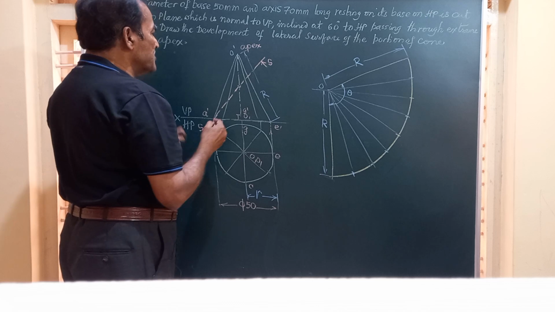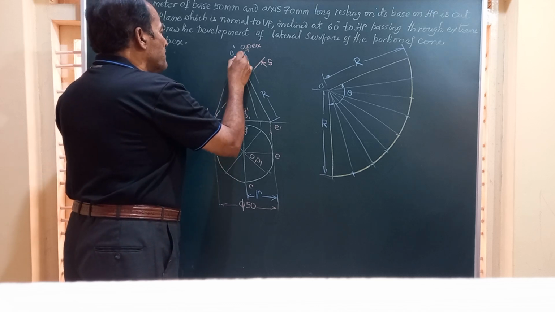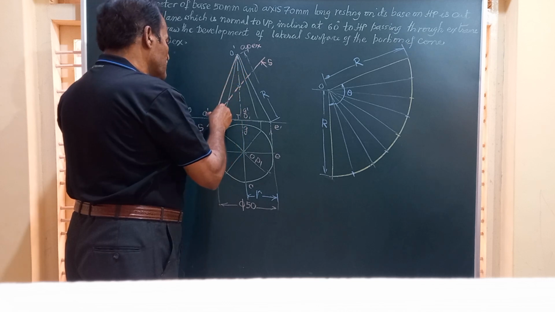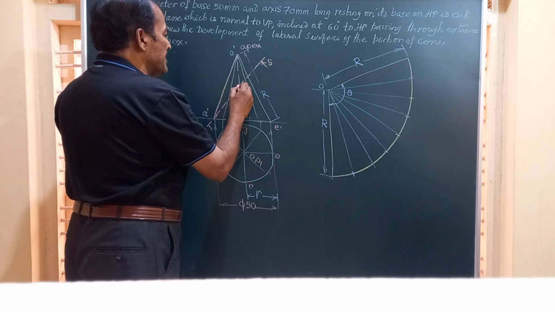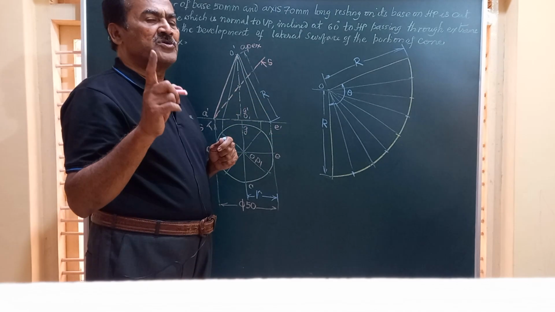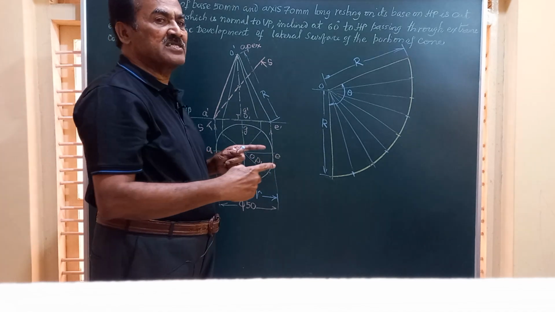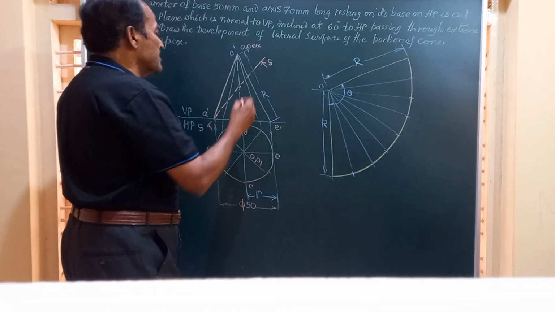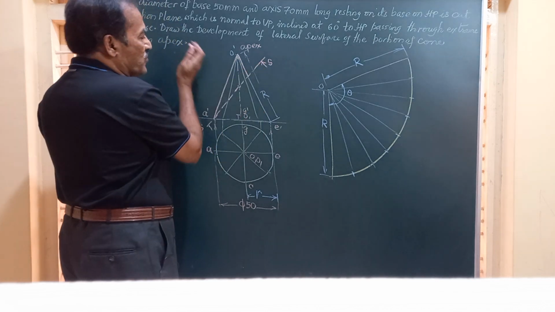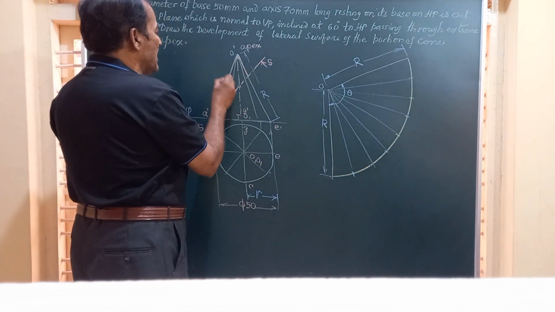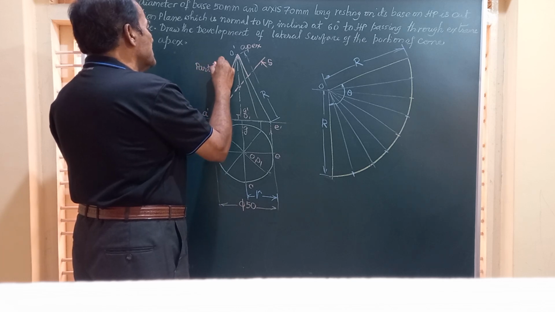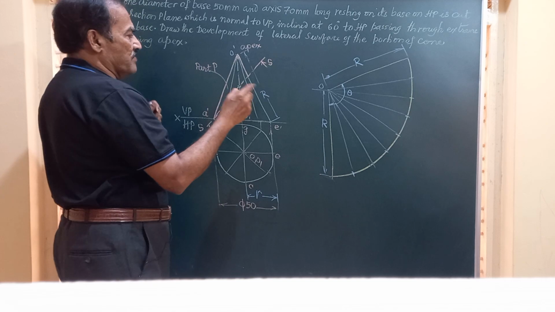So friends, I will show the part that is retained for development by using visible lines. So this is one line, second, third, fourth. Generally in all the cylinders and cones, we show only the extreme lines of the solid by visible line. So this is the part which is to be developed, the portion above that. I call this part P. Part P is the part that is to be developed.